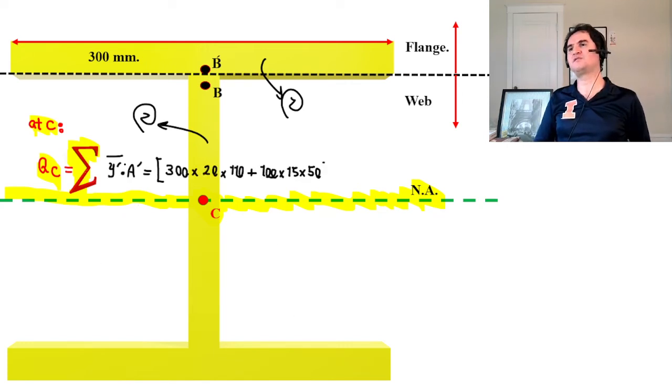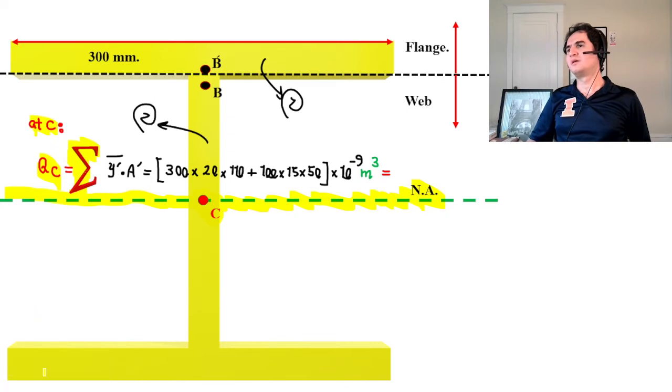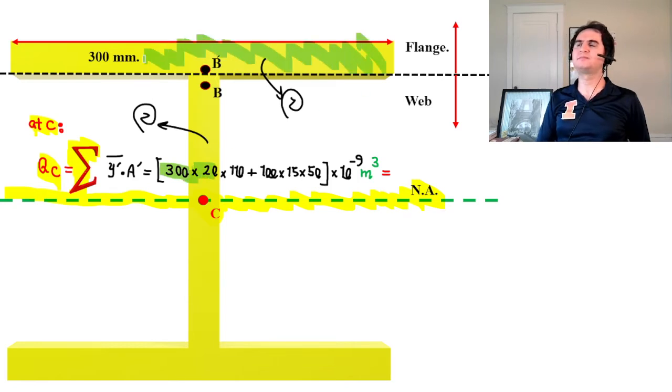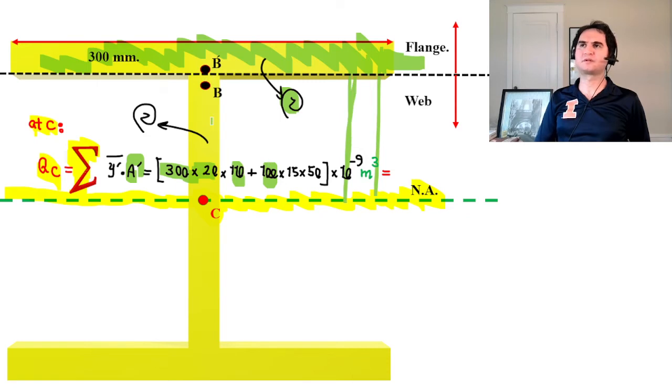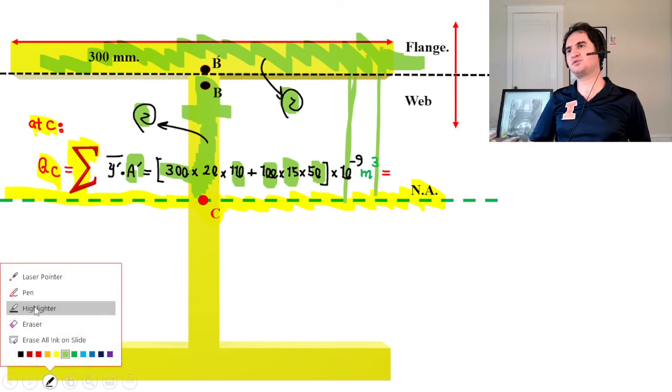So that's a summation of y bar prime times A prime, which gives you 300 times 20, the area of part 1, times y bar prime, which is 110 to the centroid for the first part, plus 100 times 15, the area of part 2, which is the second rectangle, half of the web, times 50.